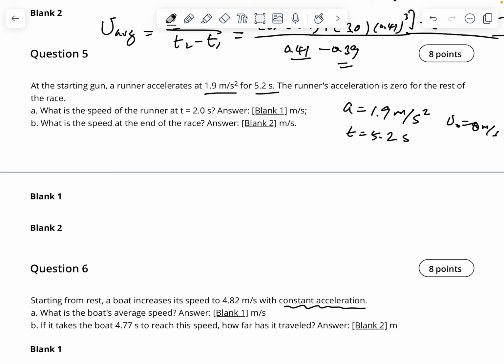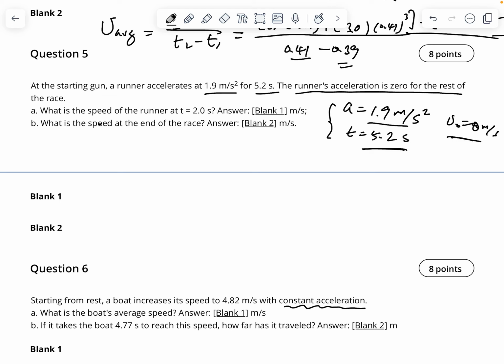And then after 5.2 seconds, the runner's acceleration is 0. Okay, so this is the first segment, from 0 seconds to 5.2 seconds, with acceleration, initial velocity, and time. A, what is the speed of the runner at t equal to 2.0 seconds?